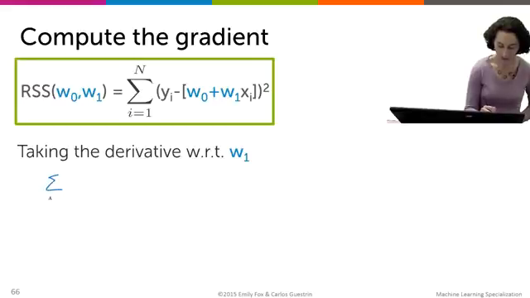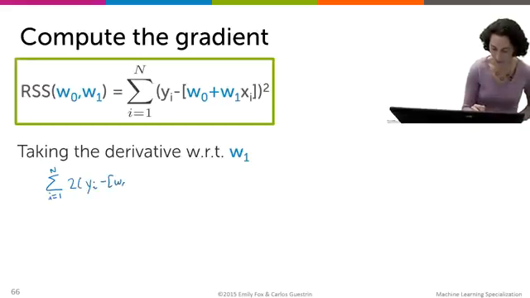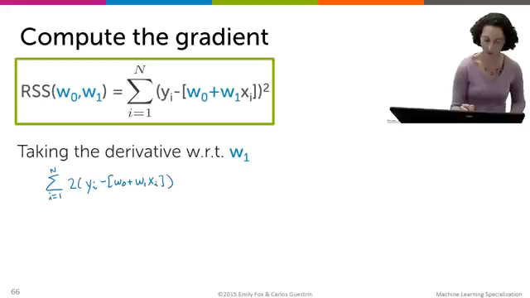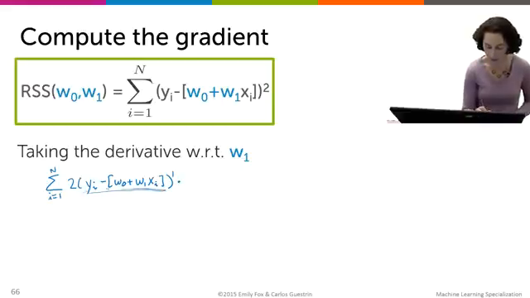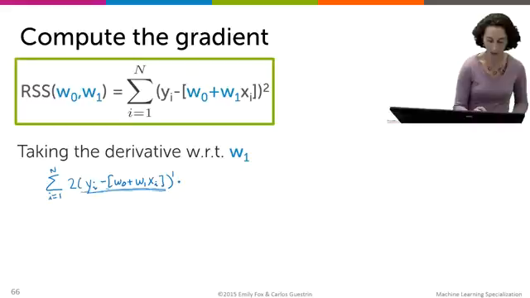In this case, again, I'm pulling the sum out. The same thing happens where I bring the 2 down, and I rewrite the inside part of the function raised just to the 1 power. Then when I take the derivative of this inside part with respect to W1, what do I have? All these things are constants with respect to W1, but what's multiplying W1?